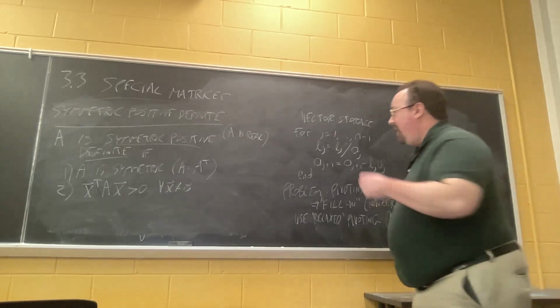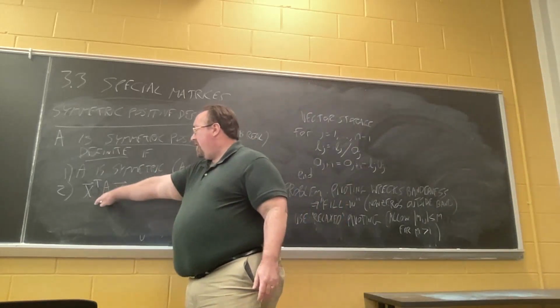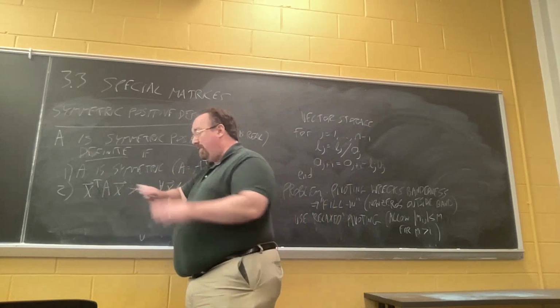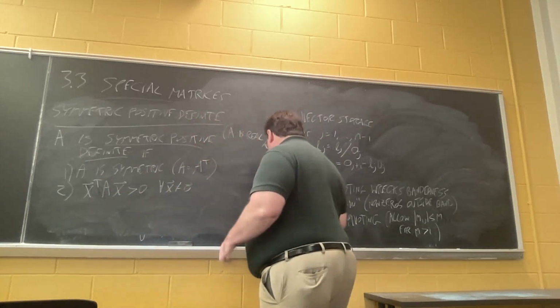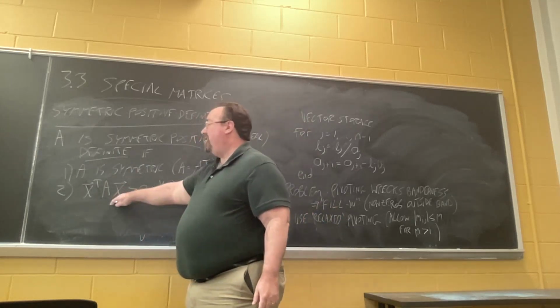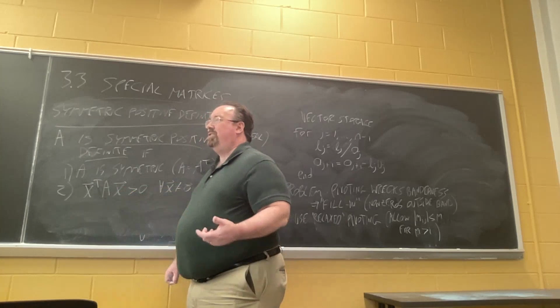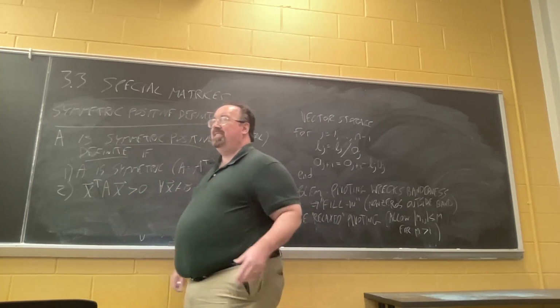So apparently it depends on who you ask, but if you have a matrix that satisfies just this condition and it's not symmetric, some books say that it's still not called positive definite, and some books say it is, so I don't know.